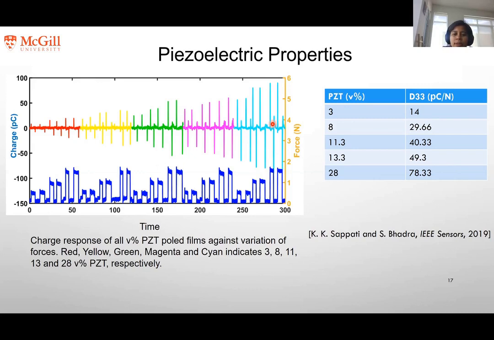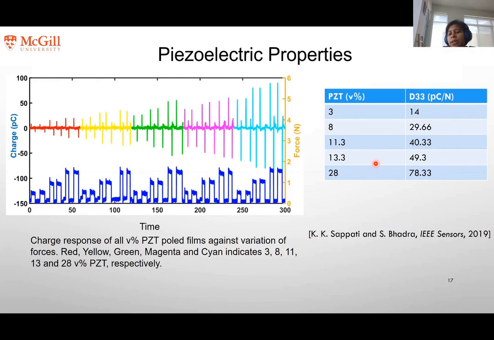These blue ones are the force that we apply. So you can see that for each film, we apply 0.5, 1, and 1.5 Newton force, and then we measure how much charge is generated. From those we can calculate the piezoelectric charge coefficient, and you can see how, with increasing volume percentage, the piezoelectric charge coefficient D33 starts increasing.